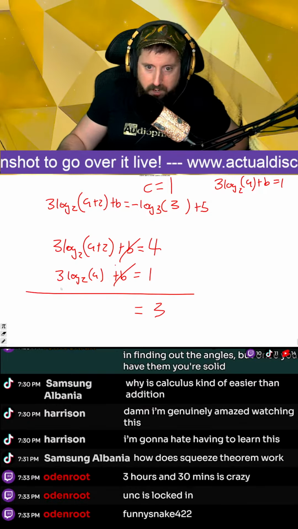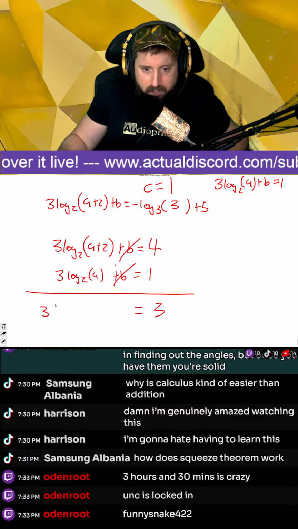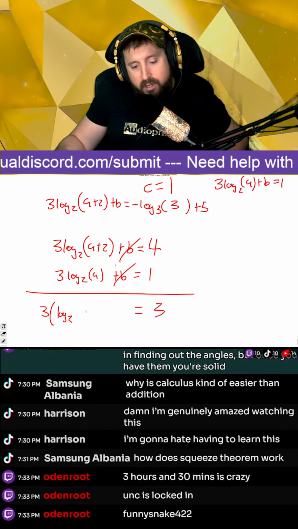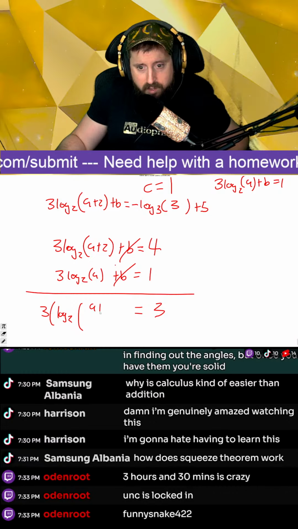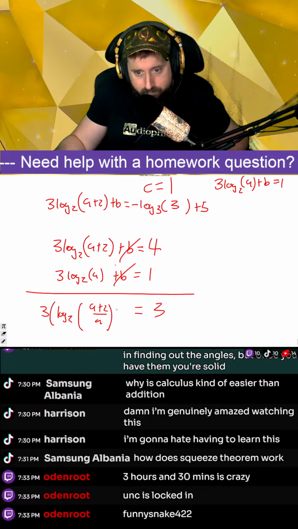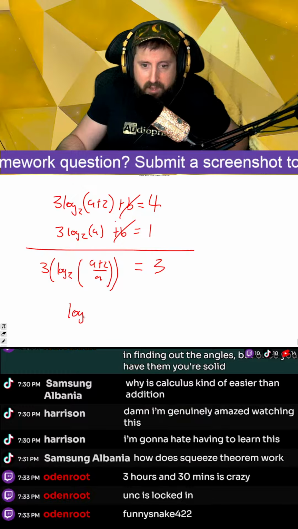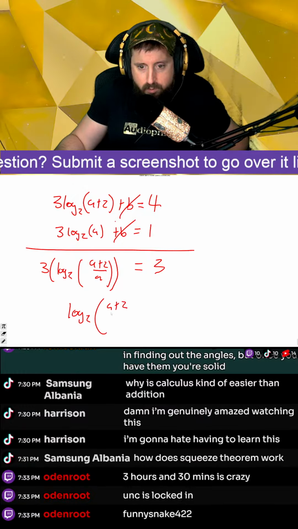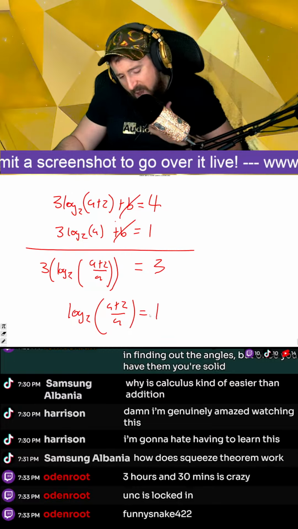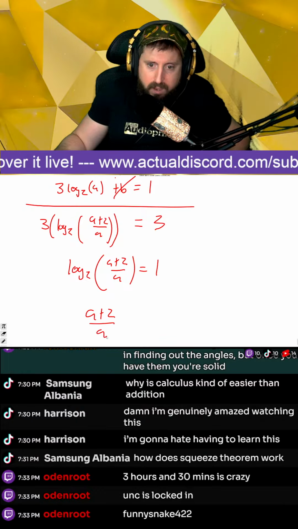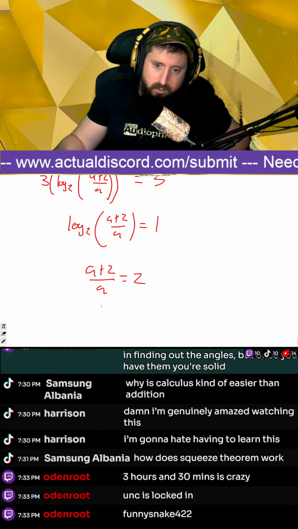So this is equal to 3, and then this is log base 2 of this minus this. You can combine logs. So that's log base 2 of A plus 2 over A is equal to 3. Log base 2 of A plus 2 over A is equal to 1. So that means A plus 2 over A must be equal to 2.